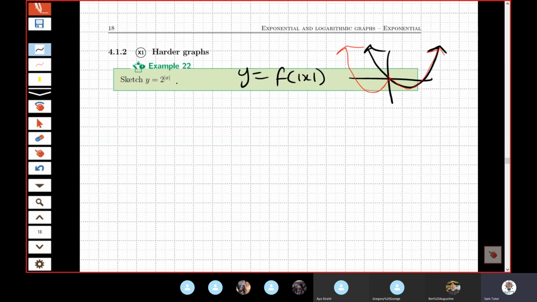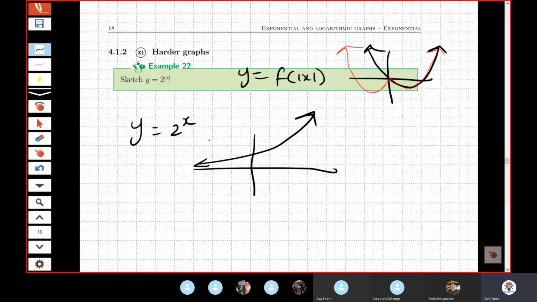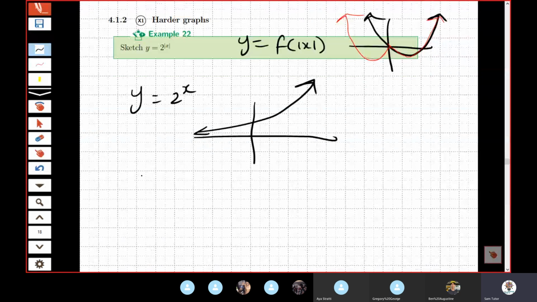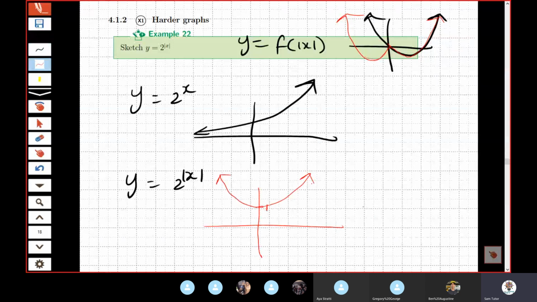So if I've got y equals 2 to the x, right? You would have drawn this. If I said absolute value of x, you do exactly what Greg just said, which is copy all the positive x's to the other side. There it is.